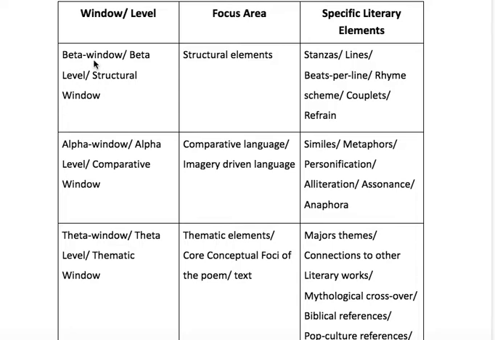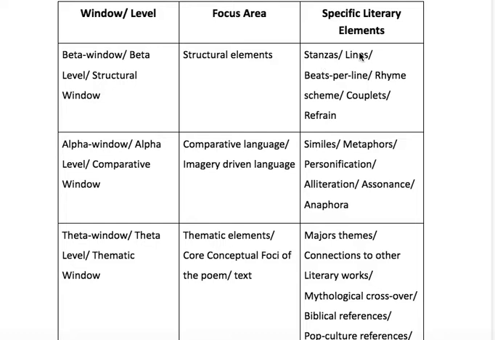So we've got what I call the beta window, or the beta level, or the structural window. I use all three of those terms interchangeably. Then in terms of our focus area, obviously this will be looking at structural elements or structural parts of the literature that we're investigating. Then specifically, there is some vocabulary that will help us to talk about the structures of the poems.